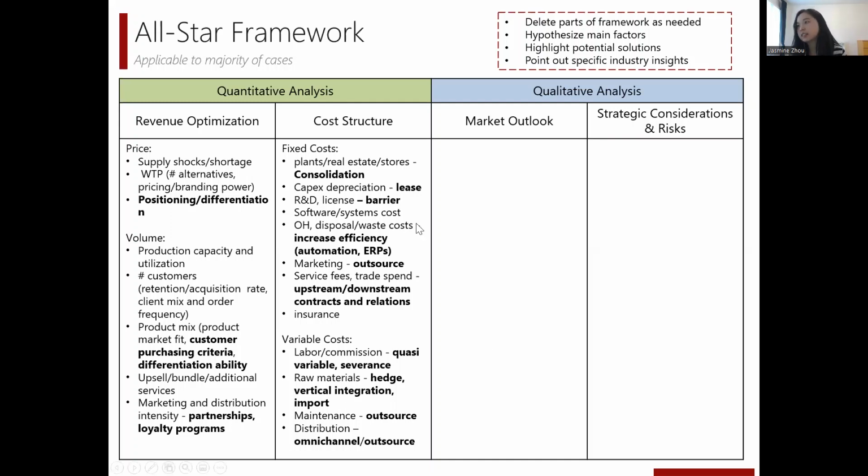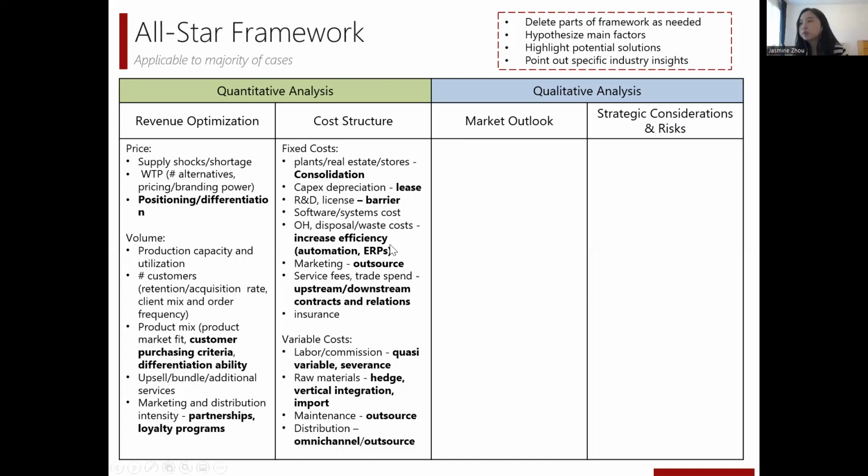So for fixed costs, again, I like to list all the possible fixed costs that there are pertaining to any sort of typical business, and then same with variable costs. And as long as I have that list and I'm familiar with that, any case I can pull out all the relevant fixed and variable costs.